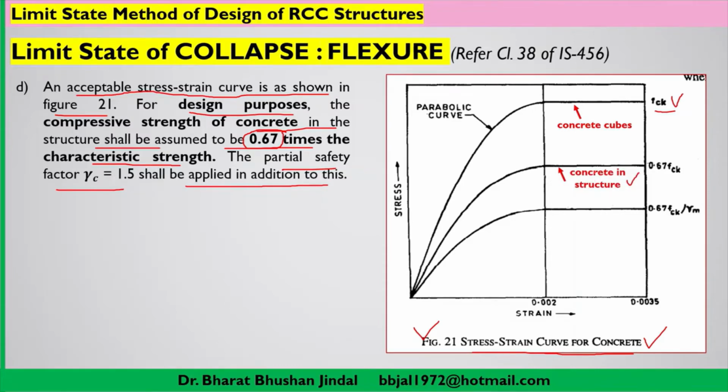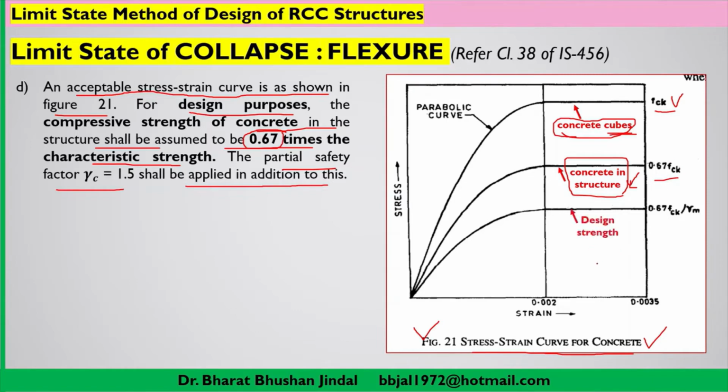Its behavior, or the strength of the concrete cube, will differ from the strength of concrete when it is actually in the structure. That's why we have taken 67% of the characteristic compressive strength, due to various factors like size factor, etc. So the second curve is giving you concrete in structure, and the first curve is giving you concrete in cube, when cubes are tested. We are taking only 67% of the characteristic compressive strength.